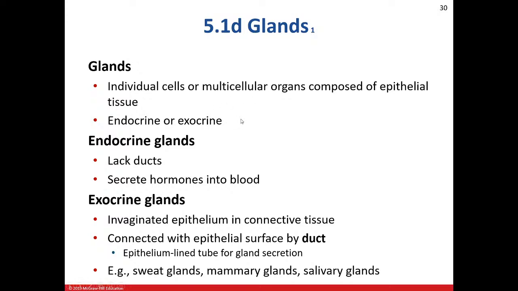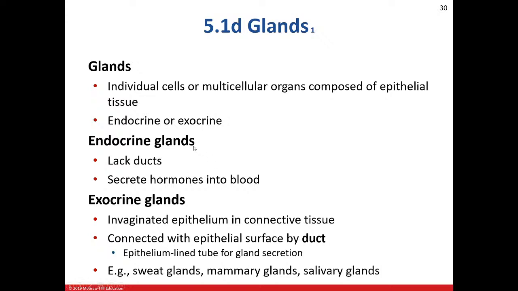So glands are individual cells or multicellular organs composed of epithelial tissue. Many glands are composed of epithelial tissue, not necessarily all. They can be endocrine or exocrine glands. Endocrine glands secrete internally, hence the name endo, and exocrine glands secrete outside of the body, so the term exo is used.